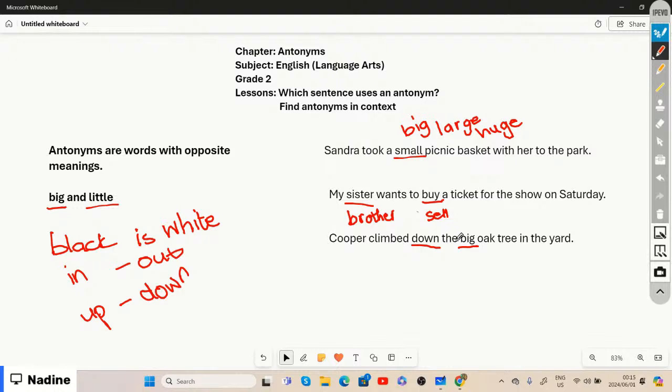So down, what is the opposite of down? The opposite of down and then the opposite of big. Big, large, huge, that's synonyms.